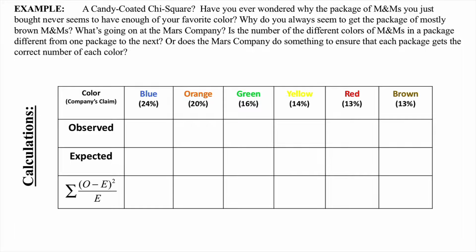Okay, so what do the numbers mean? The numbers we do have, what do they mean? The company's claim, keep going. Yes. Okay, so the Mars Company is the people who make M&Ms.